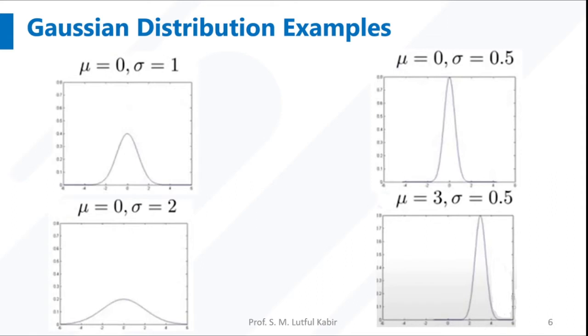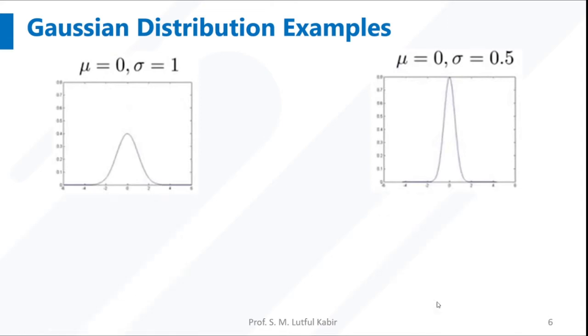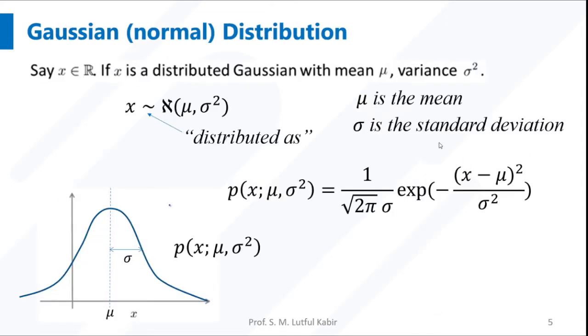So these are the curves when mu and sigma are known. If you assume values of mu and sigma, you can plot the distribution according to this equation. You put mu and sigma in the equation, and by varying x, you will get a bell-shaped curve like this.